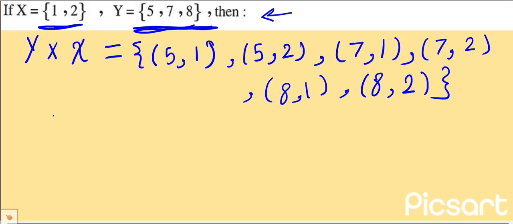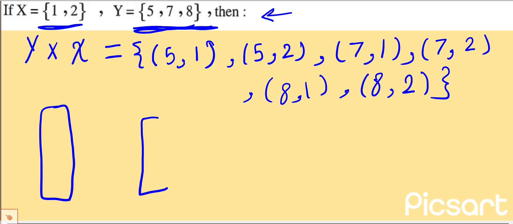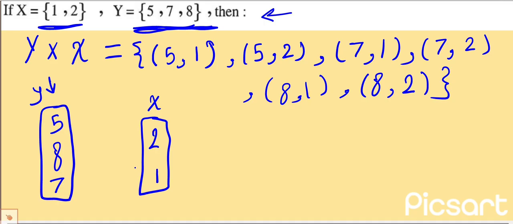And can you tell me how I can draw the arrow diagram? We'll start with a rectangle, and another rectangle. Here the elements of Y, 5, 7, and 8. And here the elements of X, 1 and 2.